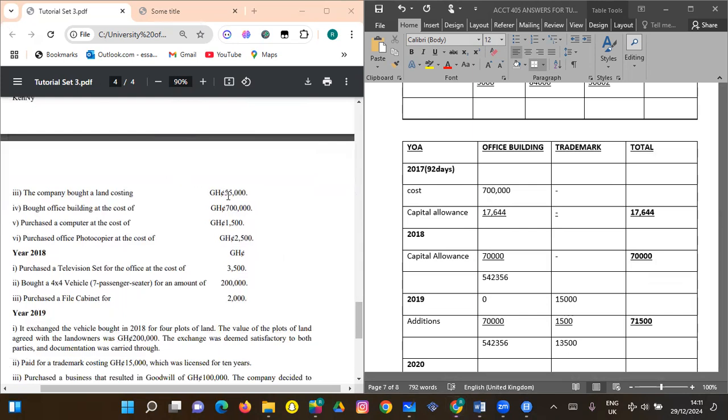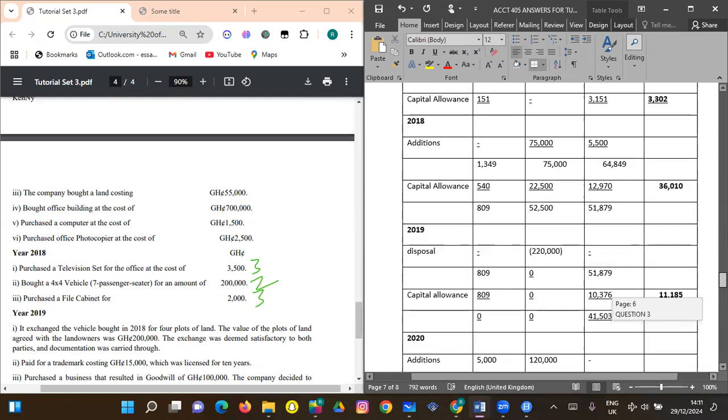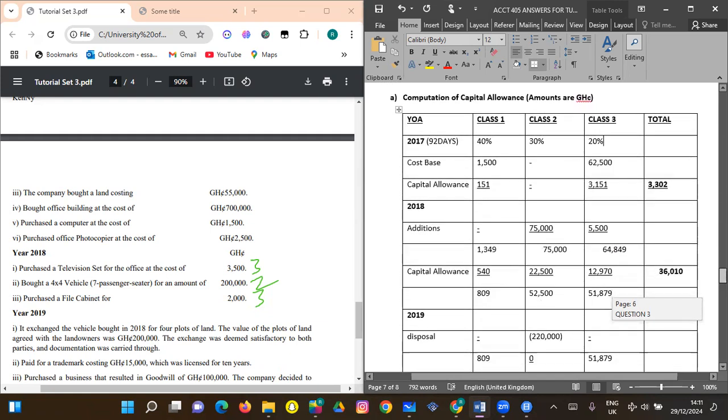So in the year 2018, we purchased a television set of 8,500. Right, let's re-identify our pools again. This is going to be pool 3, this is going to be pool 2, and this is going to be pool 3, right? So in 2018, we add our additions.